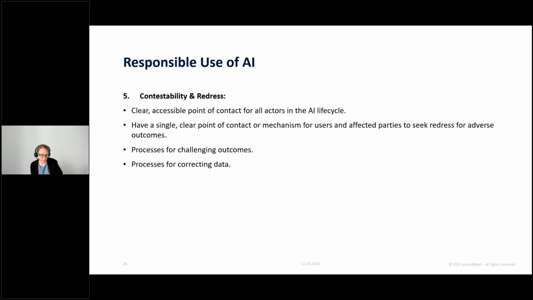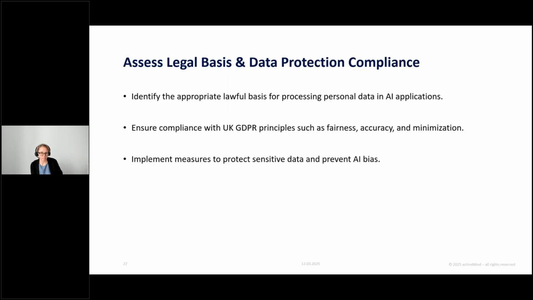Last but not least, assess the legal basis and data protection compliance. Do not forget AI in your data protection management system. Identify an appropriate lawful basis. Often you also have service providers who are using AI in their tools that you may use, in your software.